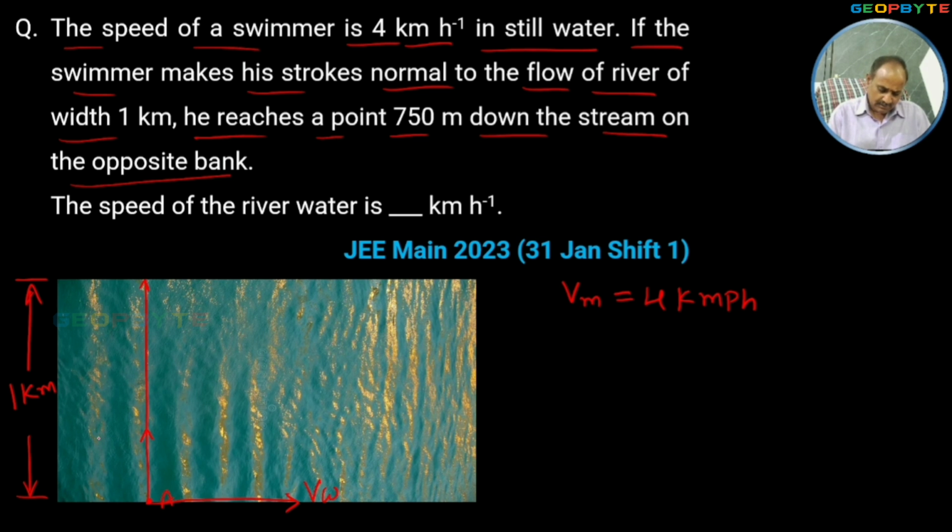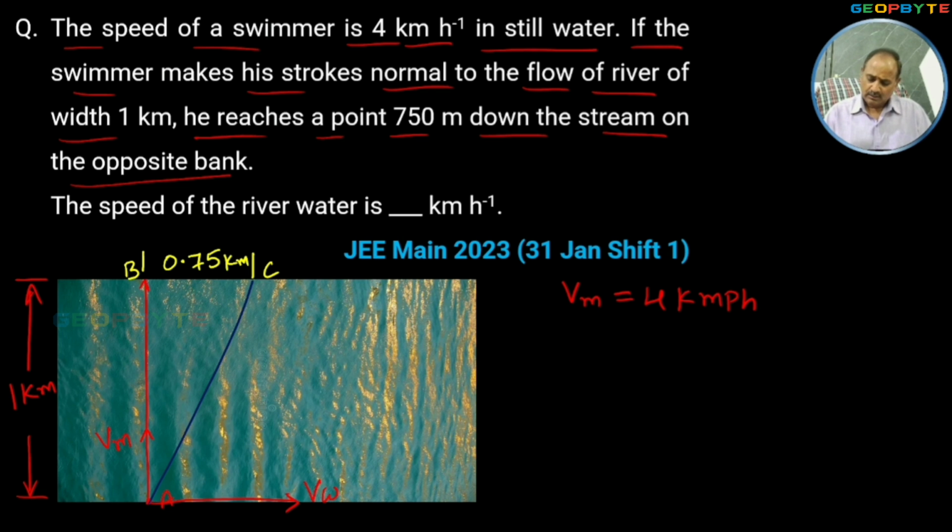By the time the swimmer is maintaining the Vm velocity, he reaches the other end at a distance of 750 meters, that means 0.75 kilometers. Instead of reaching B, he is reaching C.